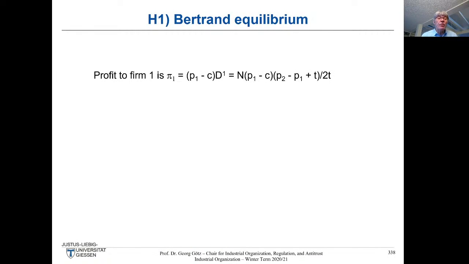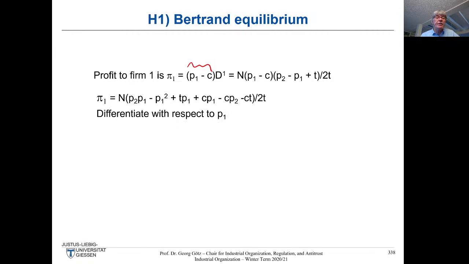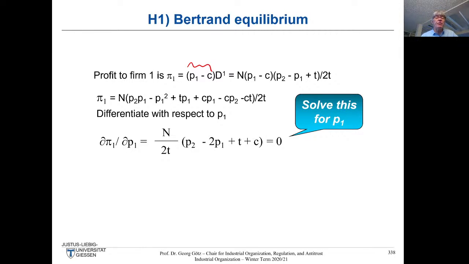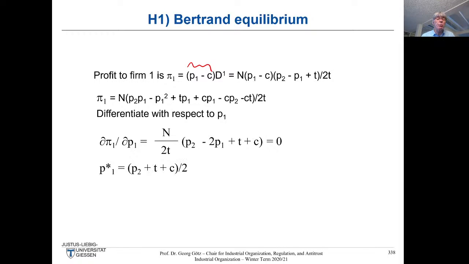Okay, yeah, then the profit is simply here the profit per unit, price 1 minus the marginal cost, times output. And if we simply rewrite that and take the first derivative with respect to the price, we get the first order condition here. And from this first order condition, so this is just a very easy and straightforward kind of derivation, we of course set that equal to 0, and we solve that for P1 in order to obtain the so-called best response function.